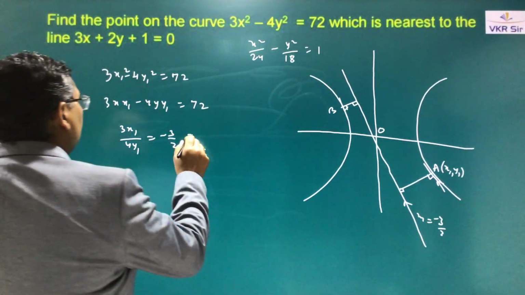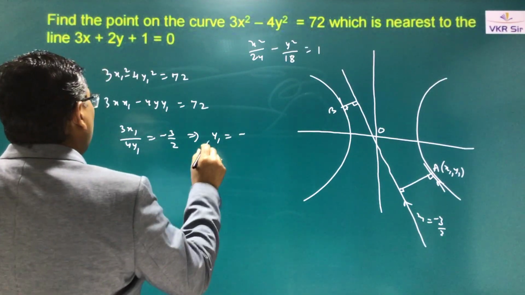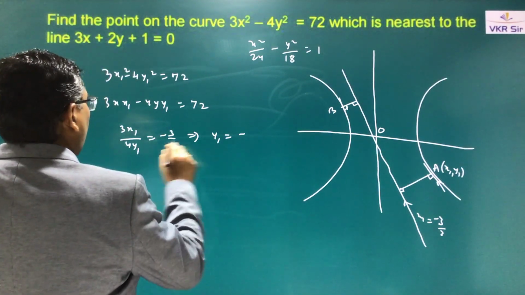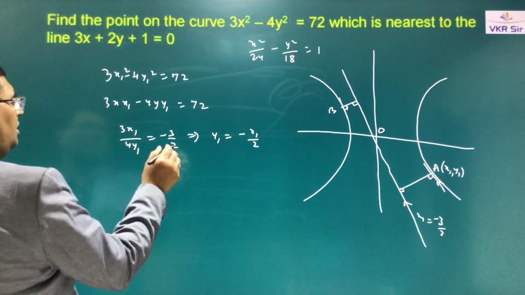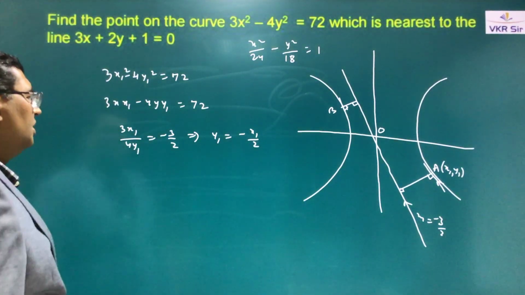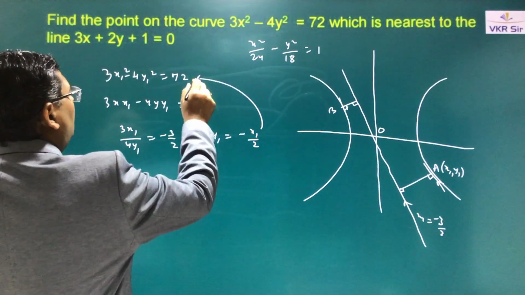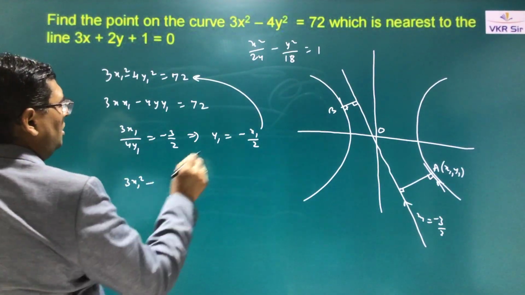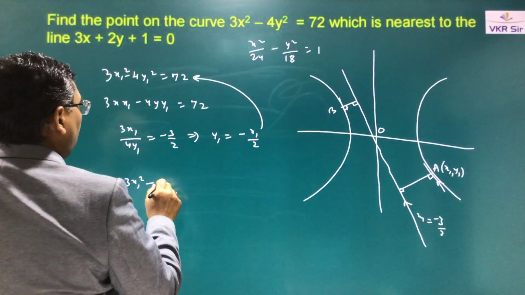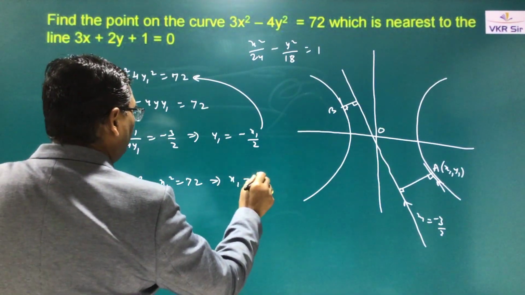We have equated the slope of tangent with the slope of the line. This will give us y1 is equal to minus x1 by 2, isn't it? Cancel 3, cut 2 there. So we'll get y1 equal to minus x1 by 2. This y1 we will place into this equation. So this becomes 3x1 square minus x1 square equal to 72, by which we can get x1 as plus minus 6.